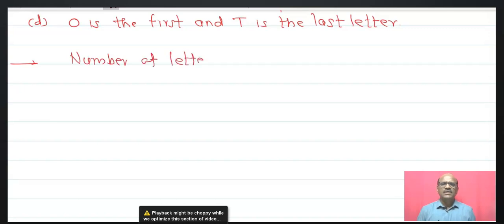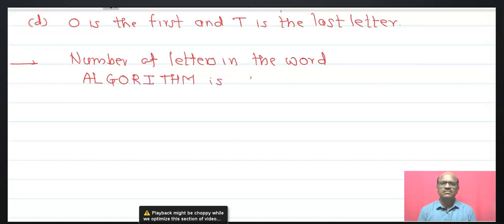You see this? The number of letters in the word algorithm is 9. Vowels are A, O, I. That is, there are 3.